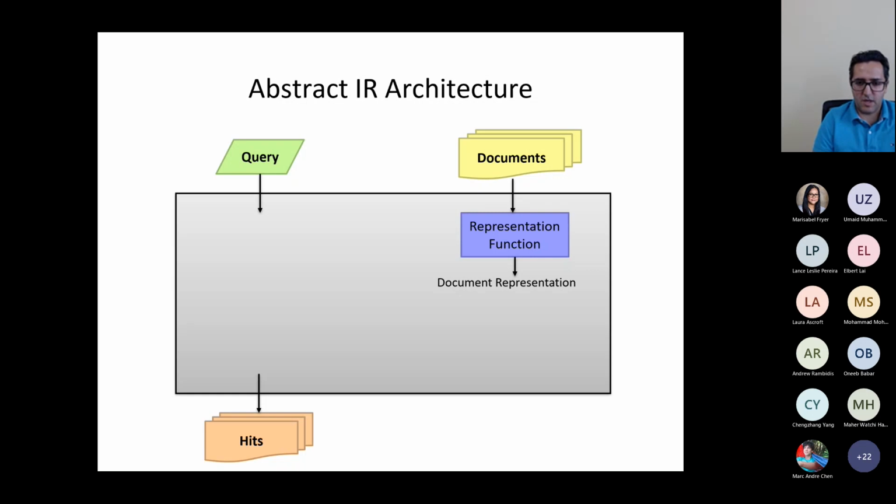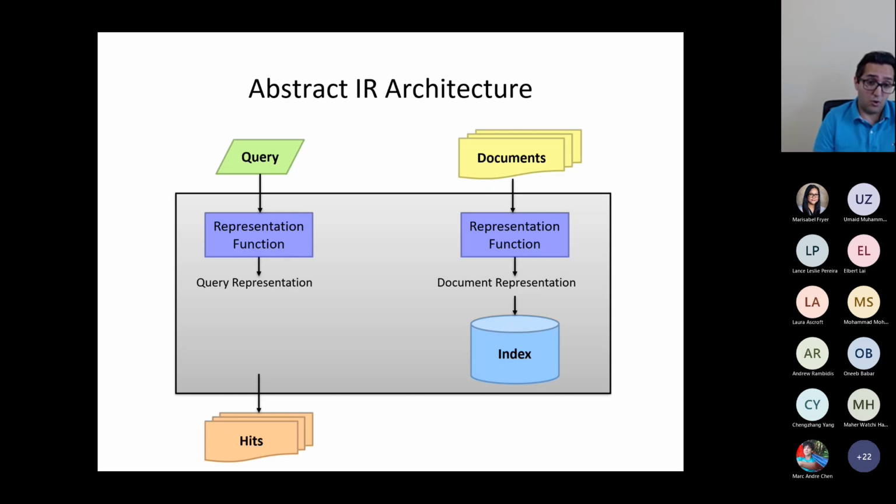We have to somehow represent the documents. They don't understand documents. We want to create an index that we can use later to look up stuff. So we have the query, we want to represent that query somehow, and then we want a comparison function to say, yes, for this query, this page makes sense. We want to use that index to find suitable pages.